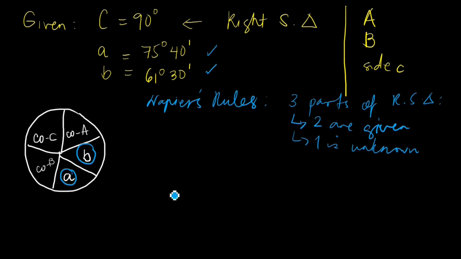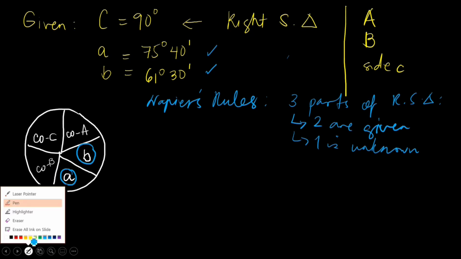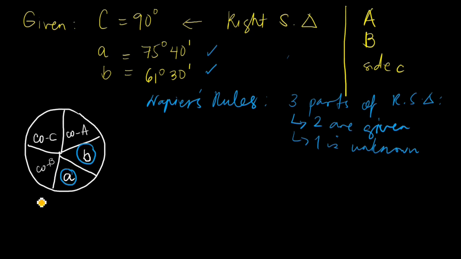Now, since we have side A and side B, let's say that you want to solve for the other side. So let us solve for side C. Remember, if you would like to solve for side C, you encircle it so that you can think of what Napier's rule you are going to use.